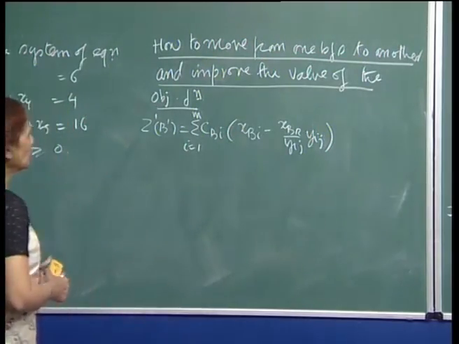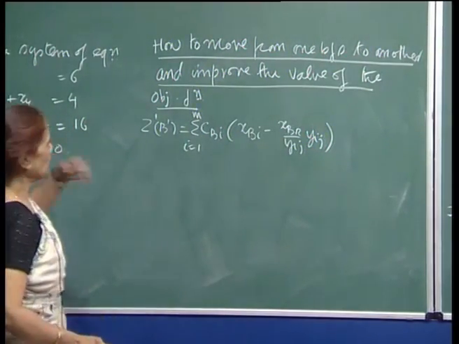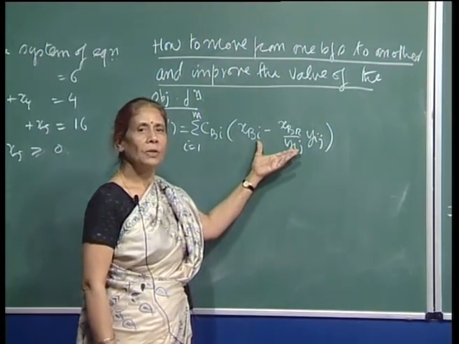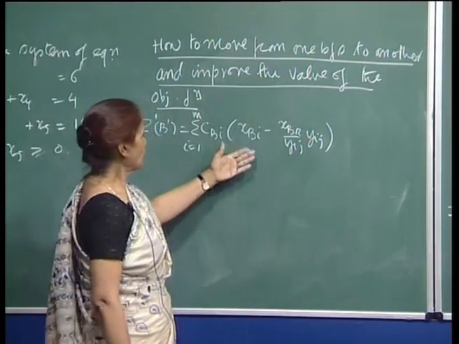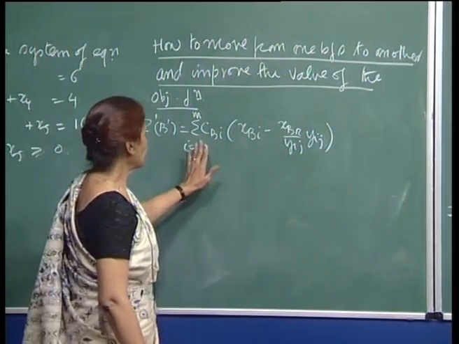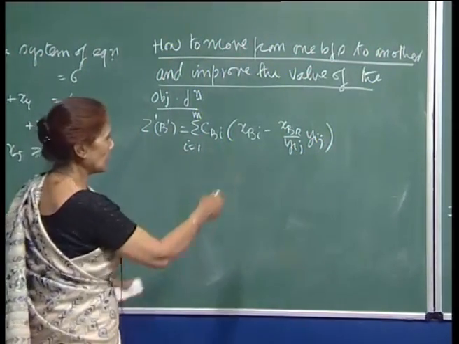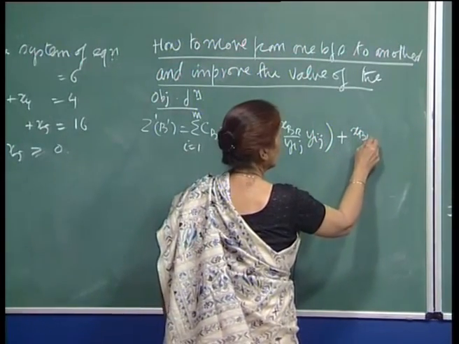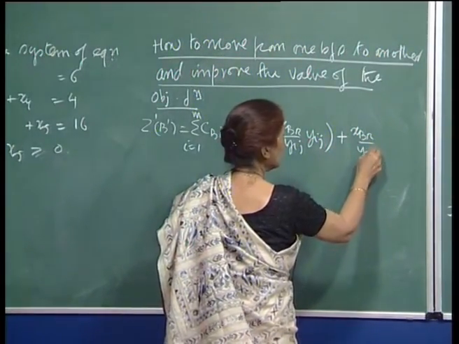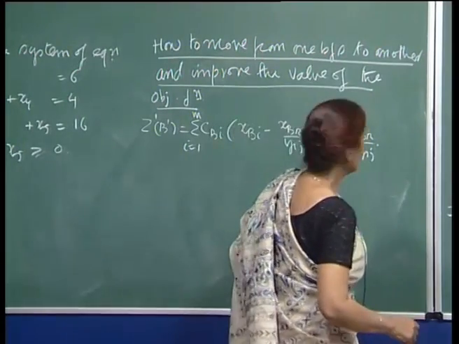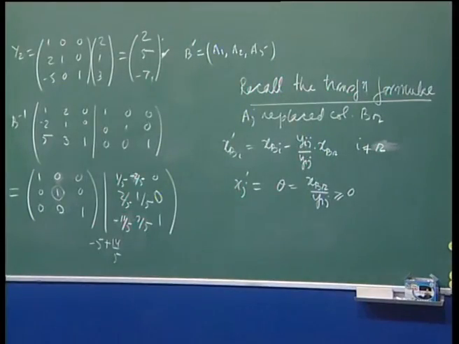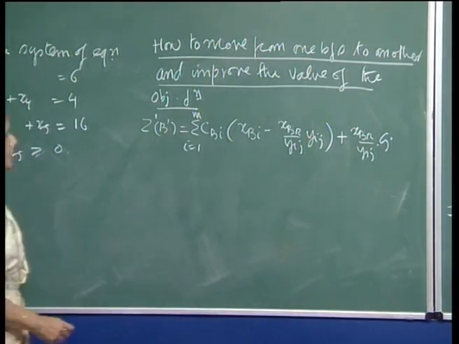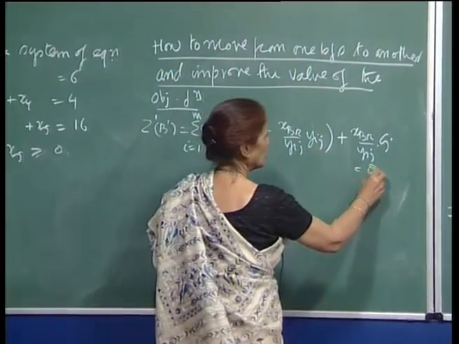See, I will include i equal to r in the summation, because as we have seen, for i equal to r, this number becomes 0, right. So, therefore, the contribution to this sum will be 0. So, I will just keep it like this, plus xBr upon yrj into Cj, because the jth variable has now become a basic variable, right. This we also refer to as theta, right.